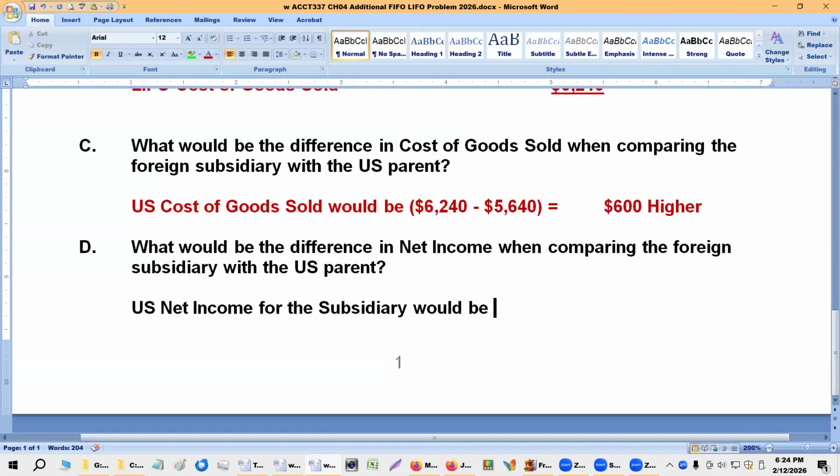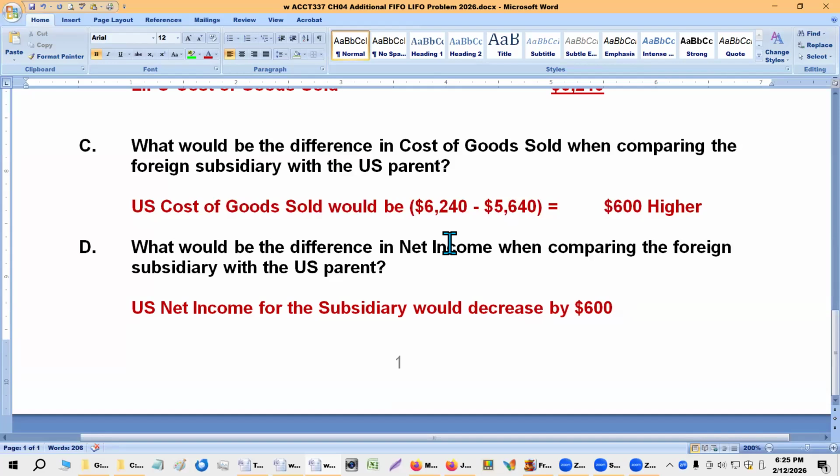Which do you think? Decrease. Yep, decrease. Income from the subsidiary would decrease by 600. The costs are more. Now the subsidiary, they are going to keep their books using FIFO, and they probably don't care a whole lot what we do. What the parent company does with it once they get it, that's fine with us. But yeah, the income for the subsidiary would decrease by 600.